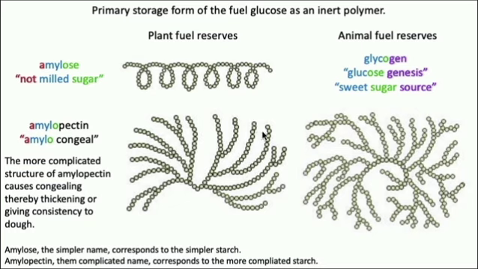Accordingly, amylose and amylopectin are the primary storage forms for glucose in plants. Animals, in contrast, store glycogen, which is also made out of alpha-1,4 links with alpha-1,6 branch points.